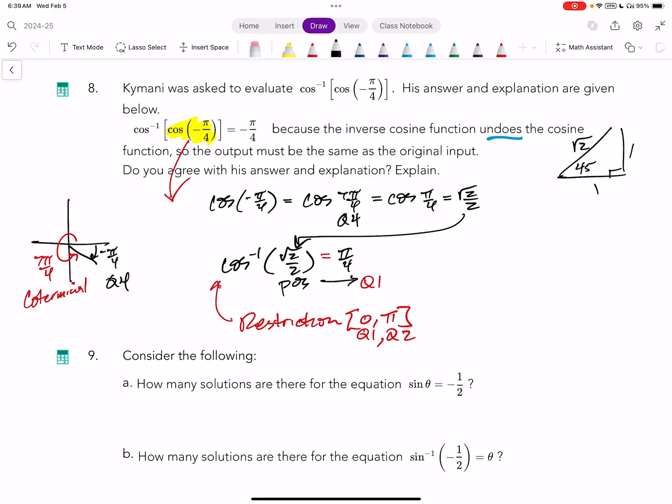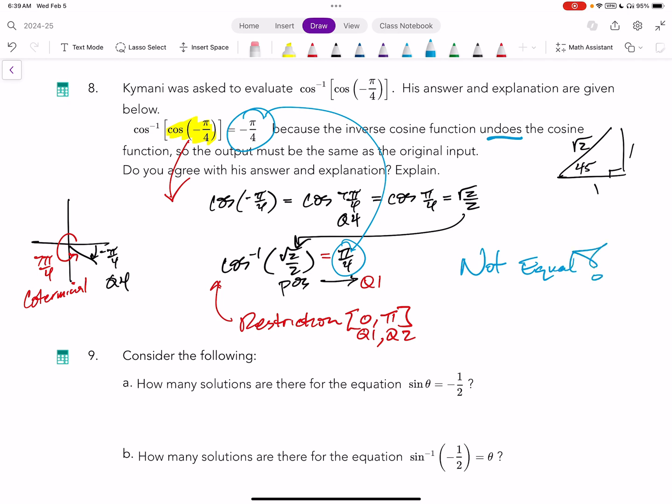Remember, when you take the inverse cosine of a number between negative 1 and 1, and root 2 over 2 is between negative 1 and 1, it sends you back to the angle that it comes from. So notice that this right here is not the same as this right here. So not equal.